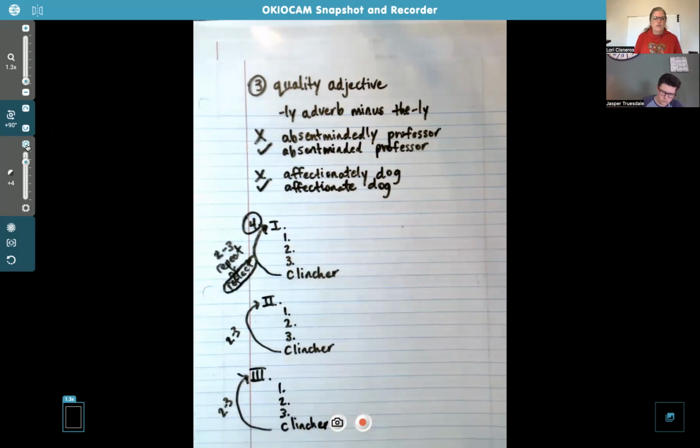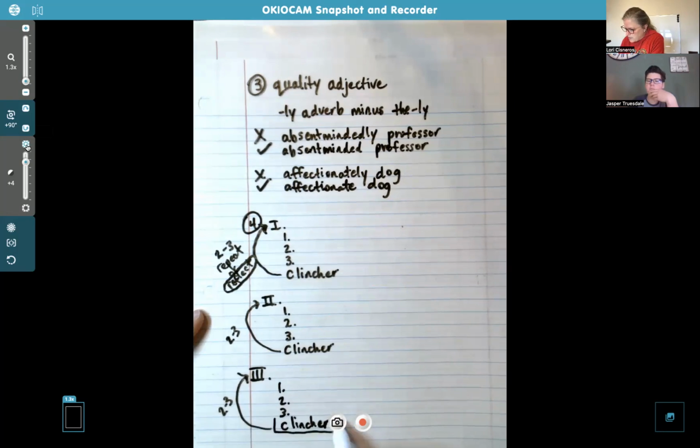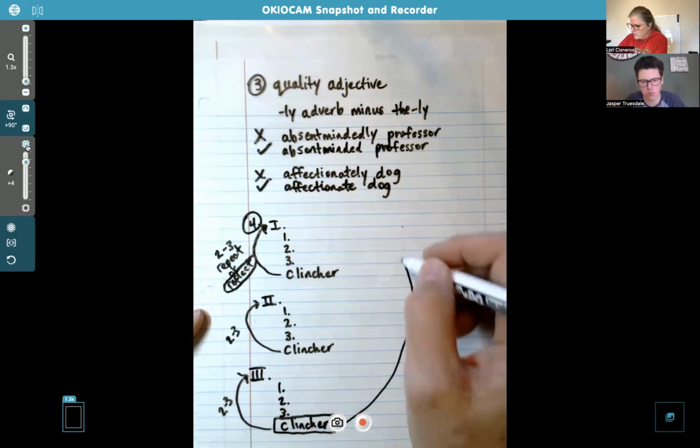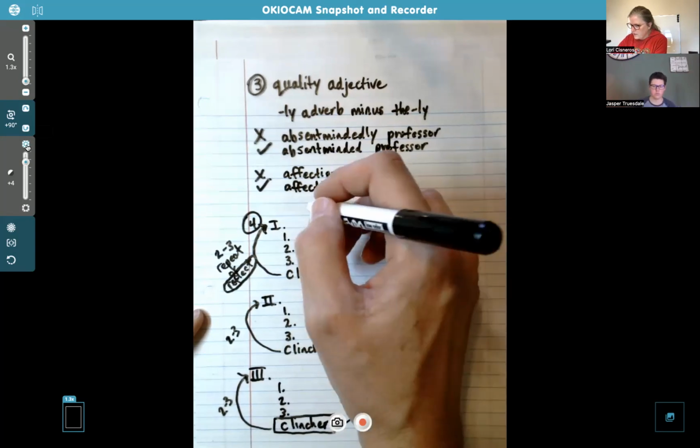If you cannot think of a good word to reflect, go ahead and just repeat. That's at least following the rules. And then something extra happens down here. I know we've talked about it before, but I want to give you this visual, because this has a double job down here, the clincher, because it also has to reflect back on the title.